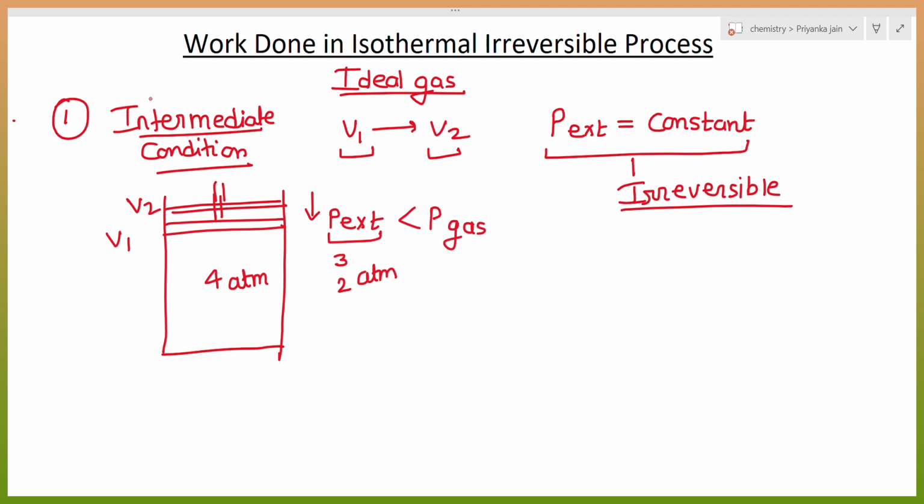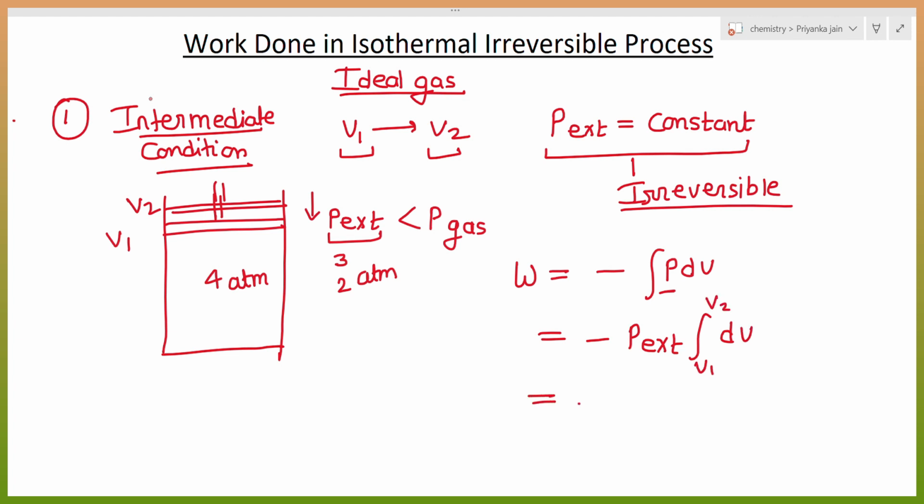Now this external pressure is constant, so W will be equal to what we can write. This is the formula, integration of PdV. But our pressure is constant, so we can put P external outside and the integration of dV between the limits V1 to V2.